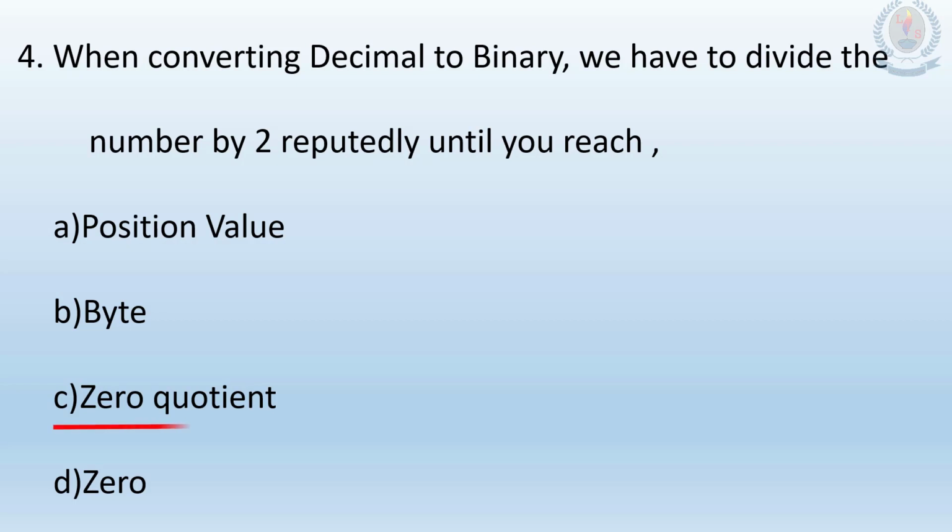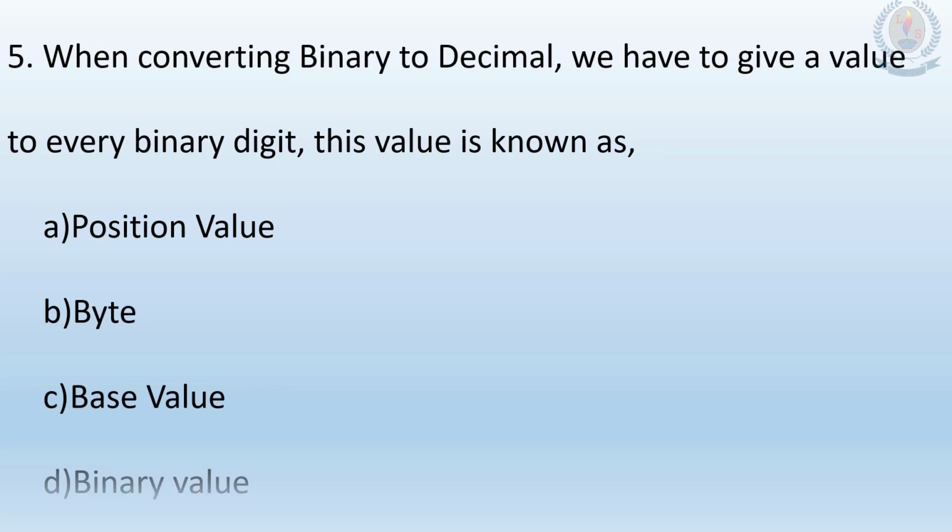That is 0 quotient. When you are converting binary to decimal, we have to give a value to every binary digit. This value is known as: position value, byte, base value, or binary value? The answer is position value.